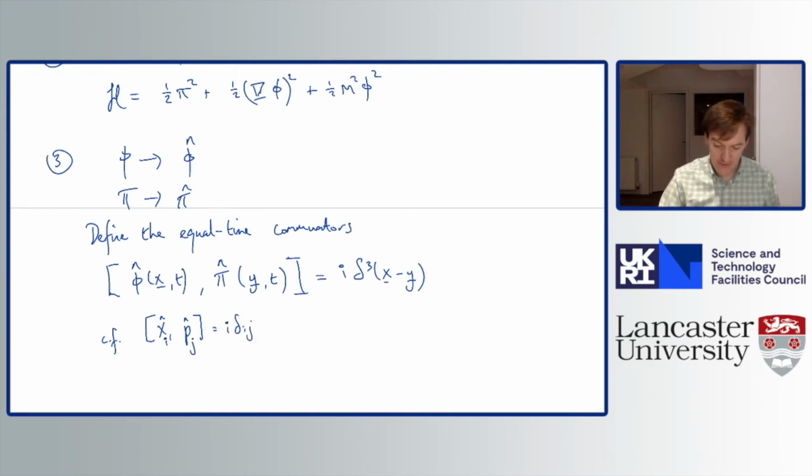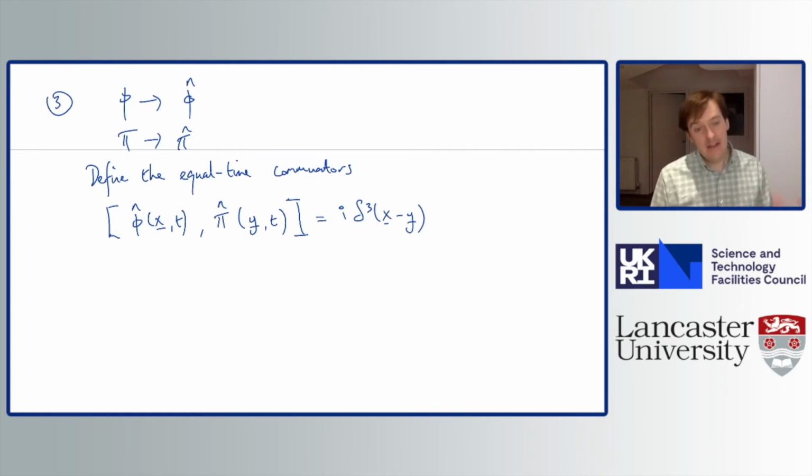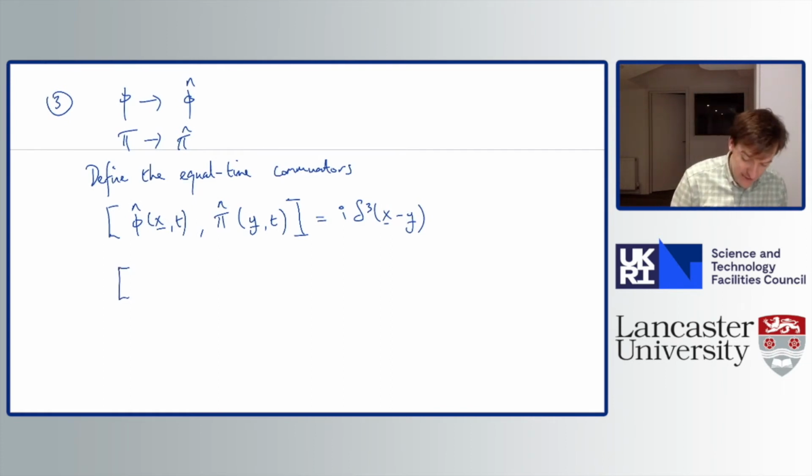So we have the factor of I, and we have something that's similar to delta ij. We have this delta function, delta xy, in the case of the fields, but structurally it looks similar to the familiar relation. And then the other two we can look at are the commutators of the fields with themselves.